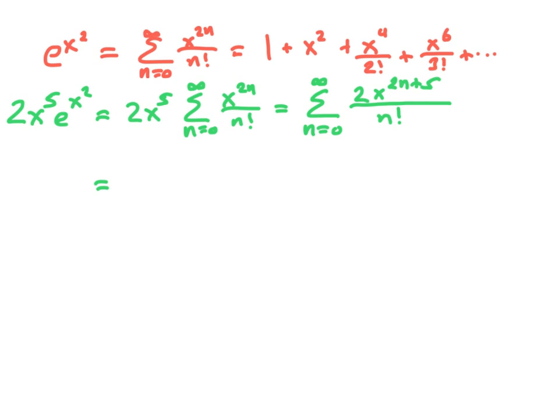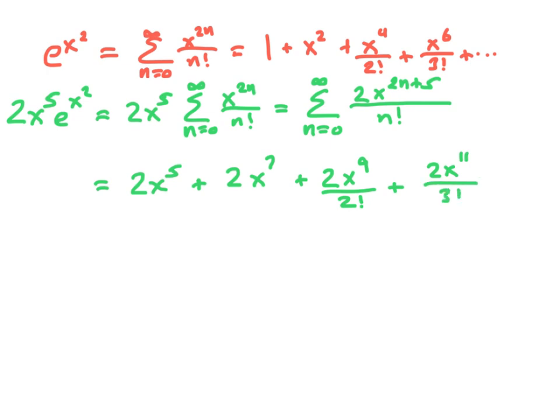In either case, our first term becomes 2x to the fifth. Our next term would be 2x to the seventh. The third term would be 2x to the ninth over 2 factorial. And our fourth term would be 2x to the 11th over 3 factorial.